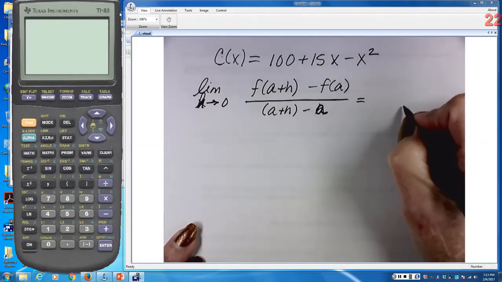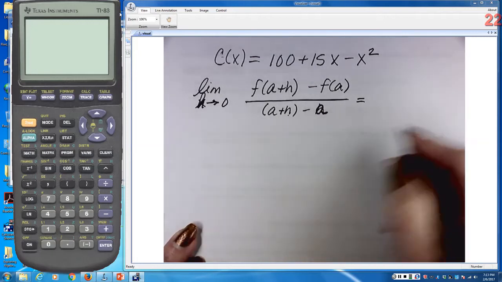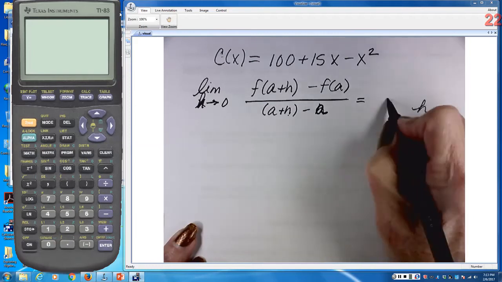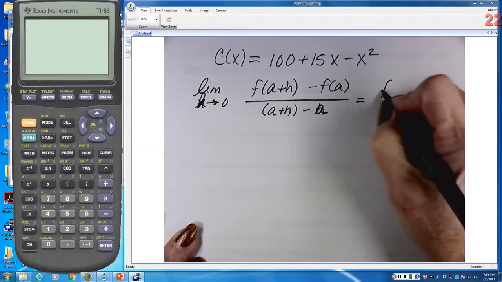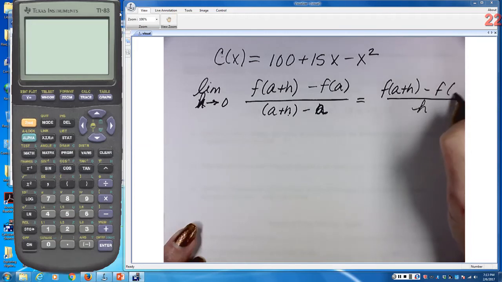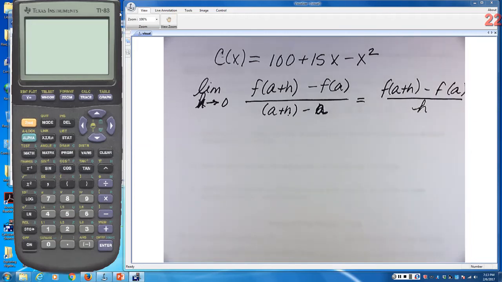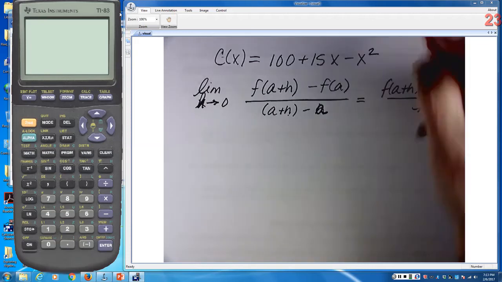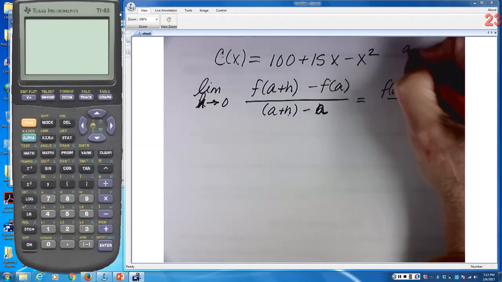So that's why we actually have a plus h minus a, which is just h in the denominator. So this is nothing but a slope formula. And for the example, it says a is equal to 5, because we want it at 5.